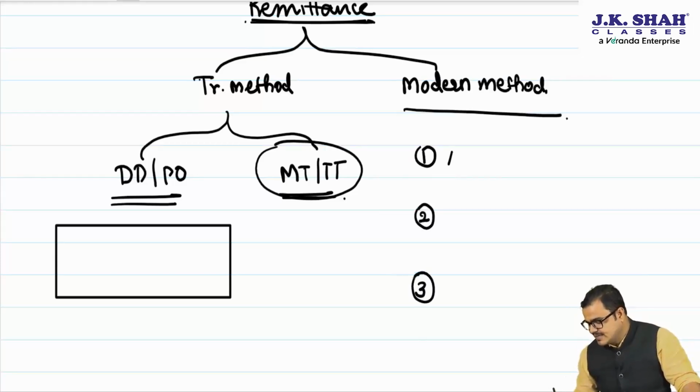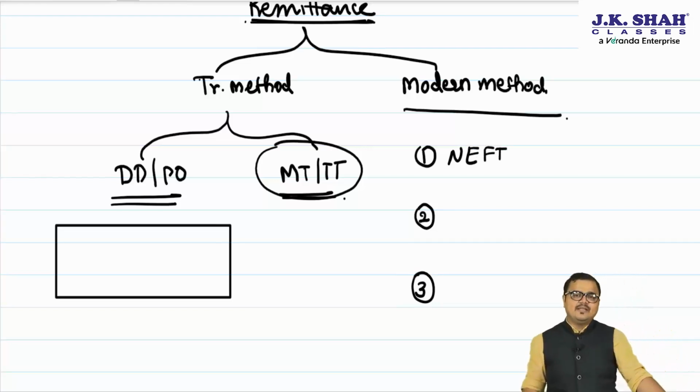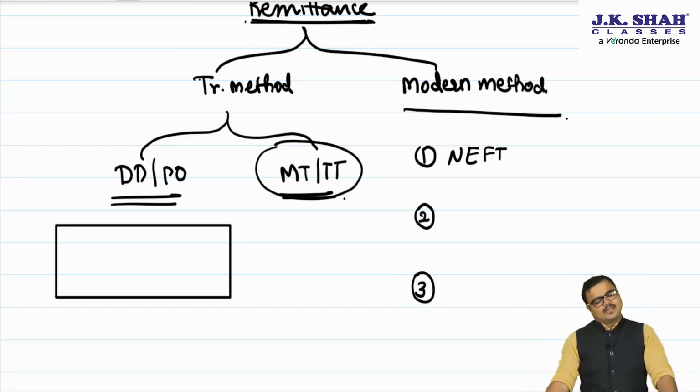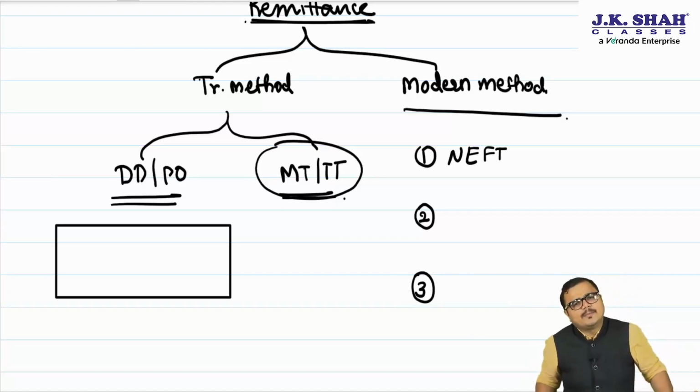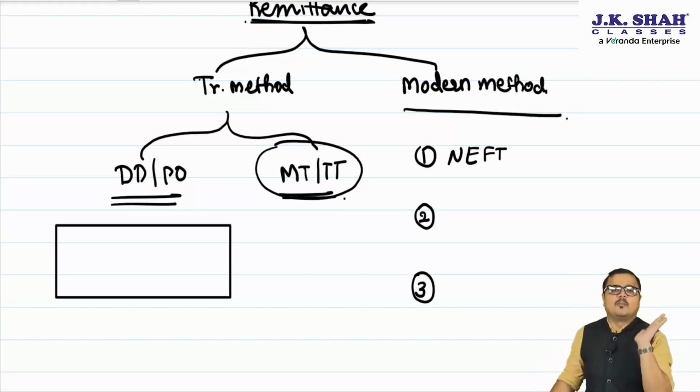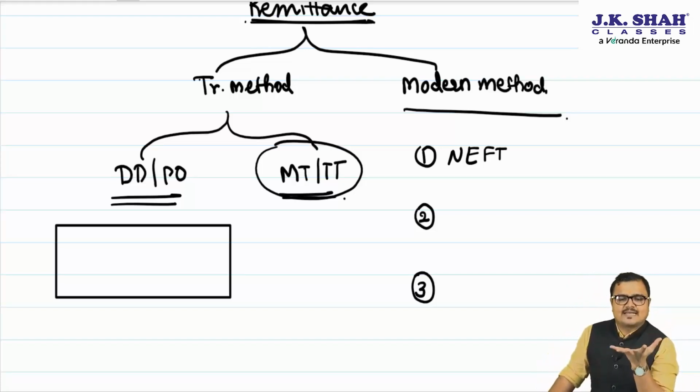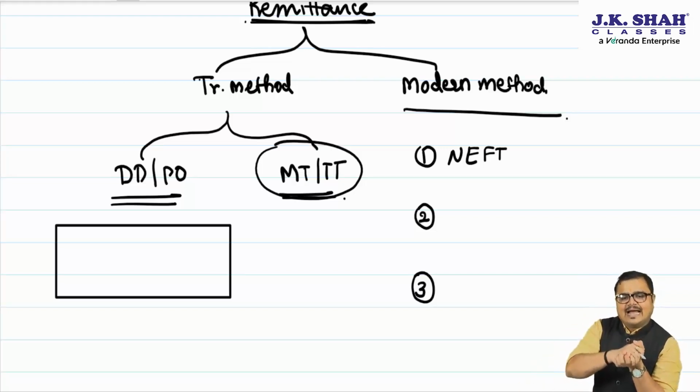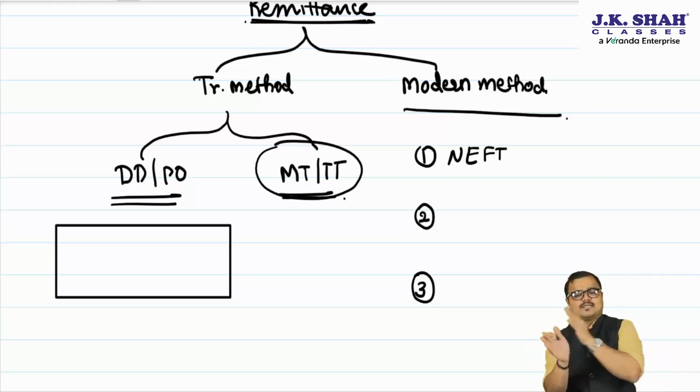In case of modern methods, obviously, we have three important methods to discuss. First is, sir, National Electronic Fund Transfer System, NEFT. Agreed? Yes, sir. No minimum amount? Correct, sir. But transactions will be settled in the form of batches. So the number of transactions will be bundled together, and at one particular time they will be processed.